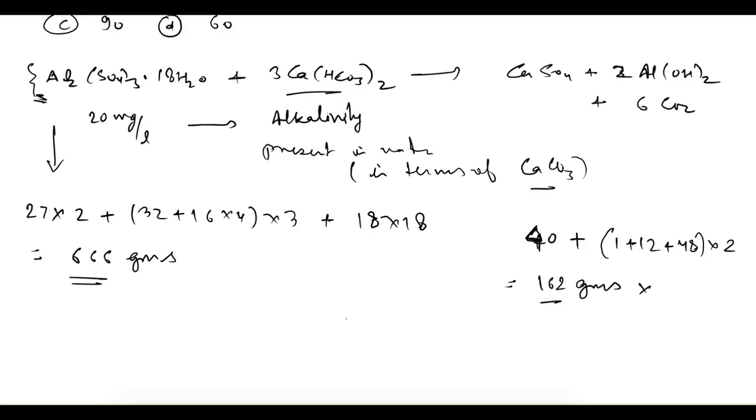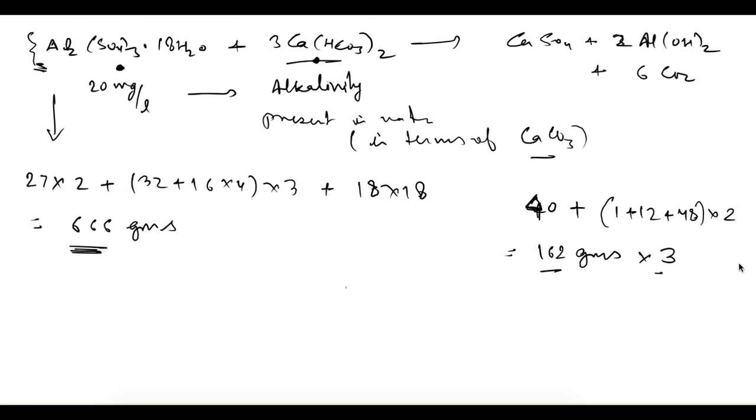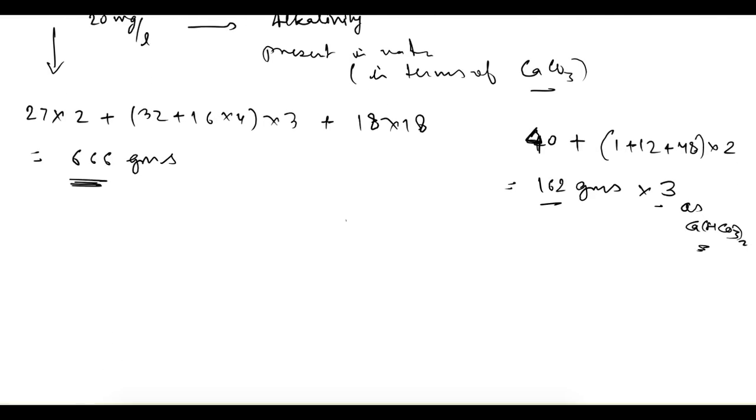Here we can see in this equation that 1 mole of alum reacts with 3 moles of calcium bicarbonate, so we have to multiply by 3. So 666 grams of alum reacts with 162 into 3 grams of alkalinity as Ca(HCO3)2. For now this alkalinity is in terms of calcium bicarbonate, so first let's convert it into calcium carbonate equivalent.